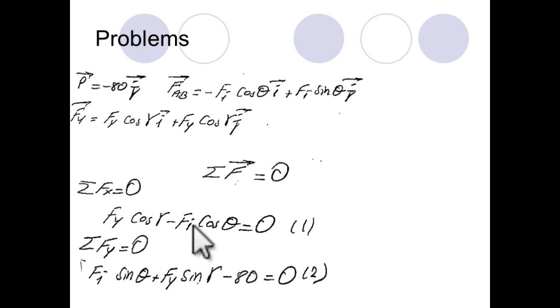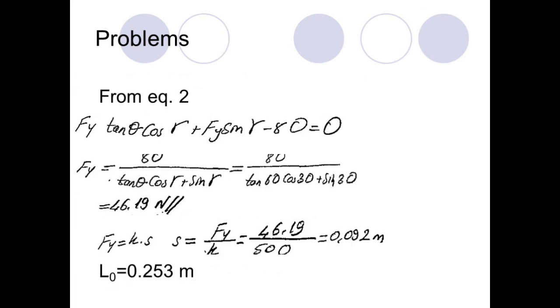It seems to be rather easy. If you take the Fi from here, it is Fi cosine gamma divided by cosine theta, and if you substitute it, you will find Fi tangent theta cosine gamma plus Fi sine gamma minus 80 is equal to 0. Now in this equation the only unknown is Fi, and from here you can easily calculate the Fi.